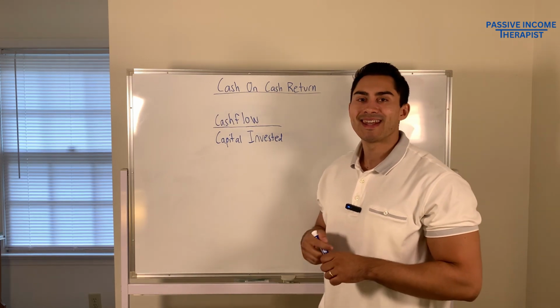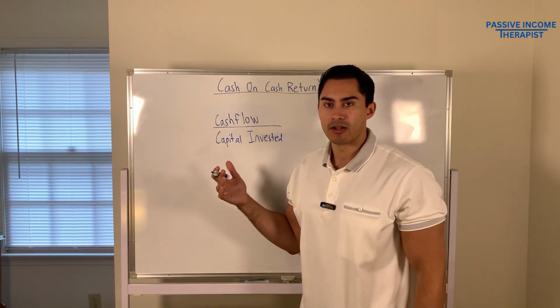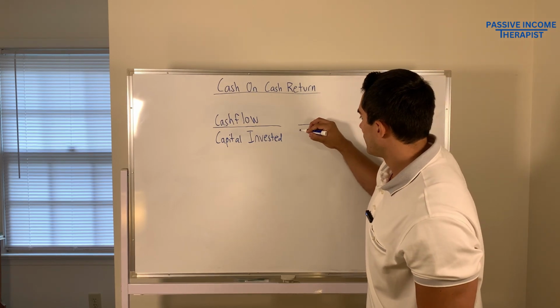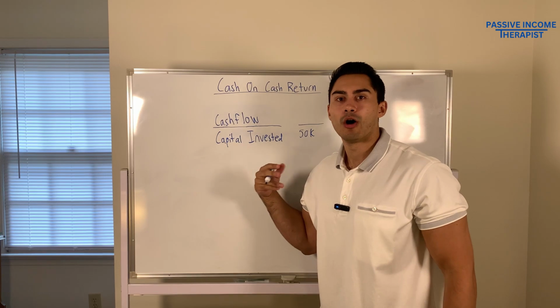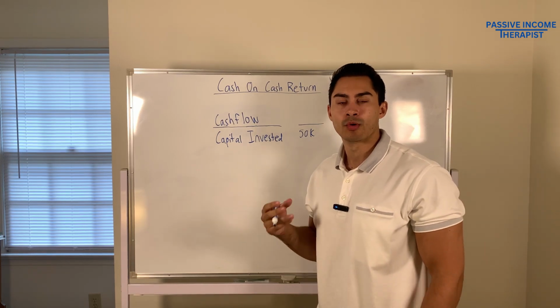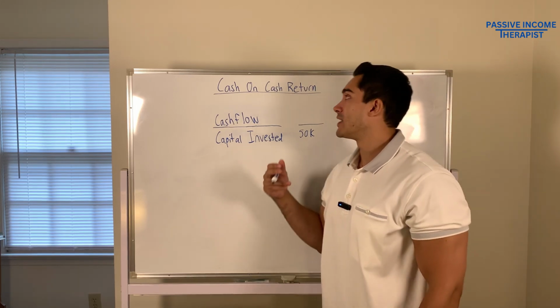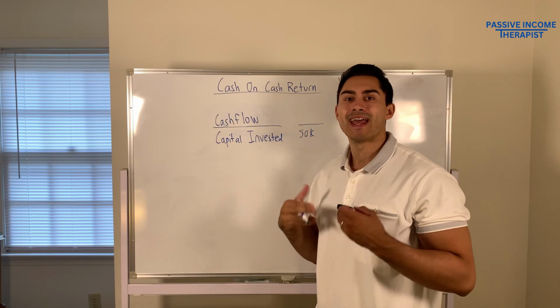To put this into action, let's just say that you're going to invest $50,000. On the bottom here, we're going to put $50,000, and say for the first year for cash flow, you're going to get $5,000. I didn't mention it earlier, but cash on cash return tends to be on an annual basis.